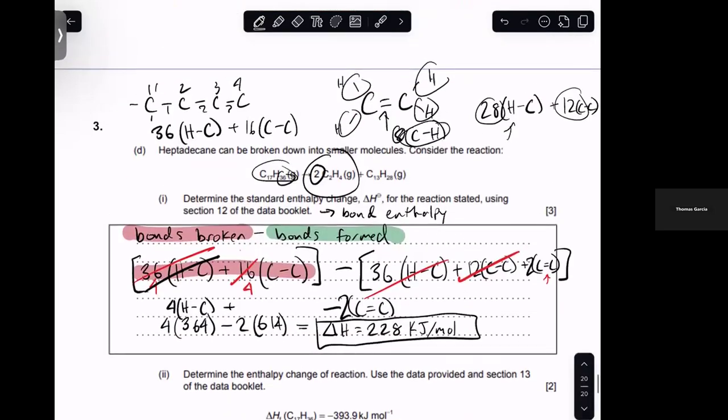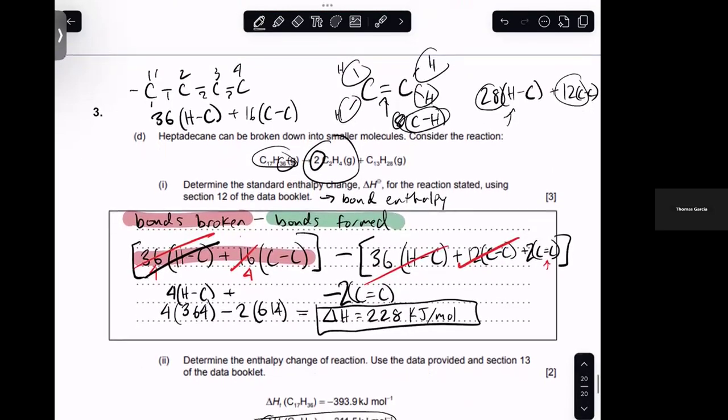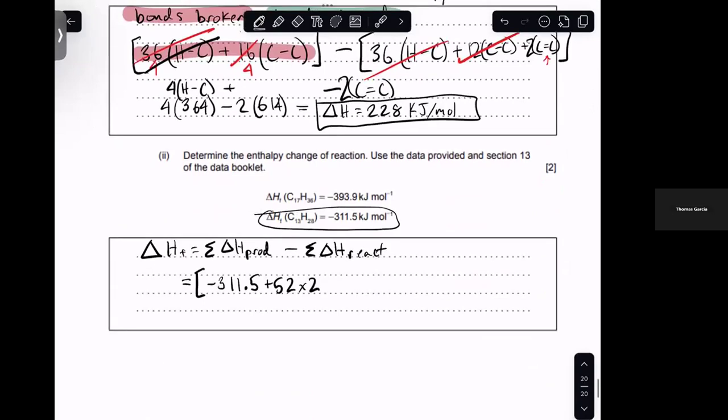So that 52 comes from ethene, C2H4. That's in our data booklet. We are going to subtract our negative 393.9. We get a total answer of 186 kilojoules per mole.